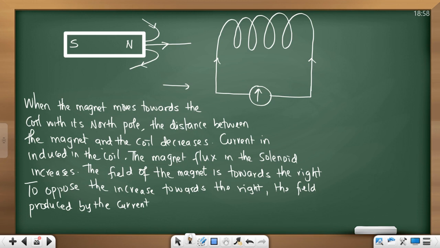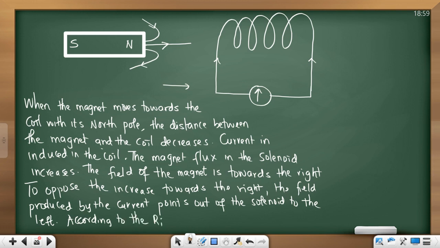In the solenoid, right? The current is produced in the solenoid, all right, points out of the solenoid, or basically we are saying to the left. That's where we are going. And this we would get according to the right hand rule. So according to the right hand rule, current flows to the right.